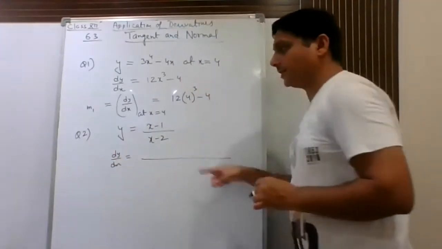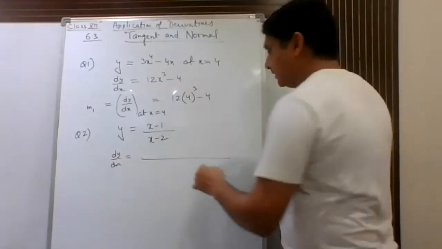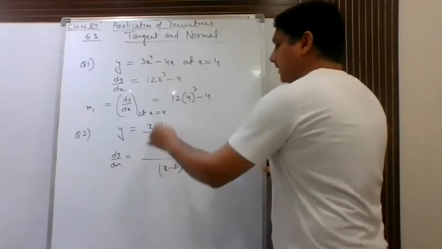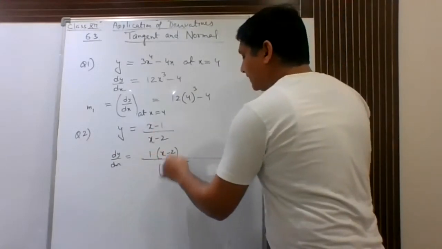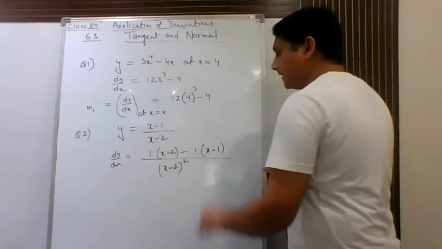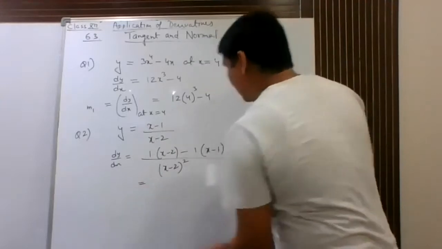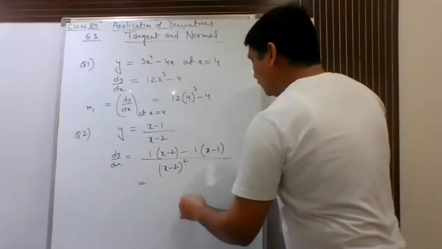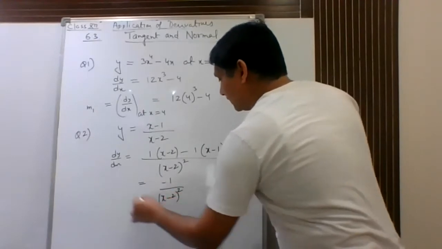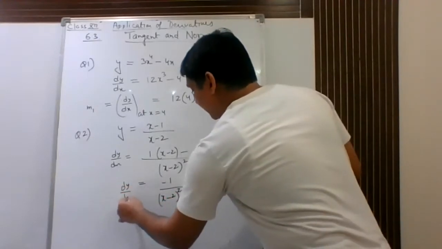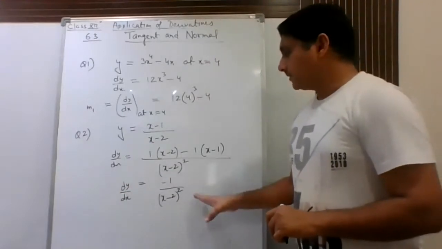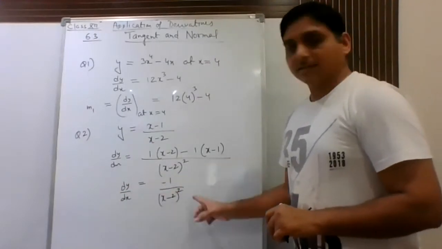By using the quotient rule, we will take the derivative: (x minus 2) whole square, derivative of numerator, denominator as it is, minus derivative of denominator, numerator as it is. Then do simple calculations. When you do the calculation, it will turn out to be this much. This is dy upon dx. So after calculations, we will get dy upon dx as this much.